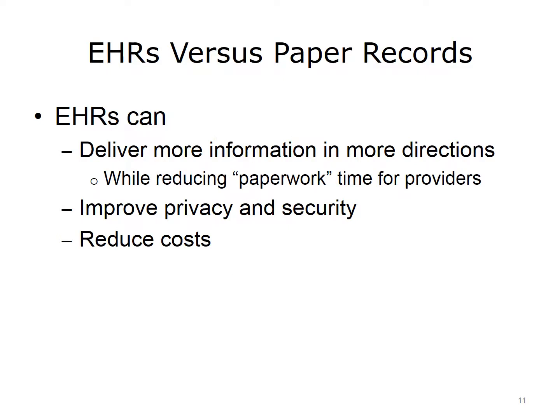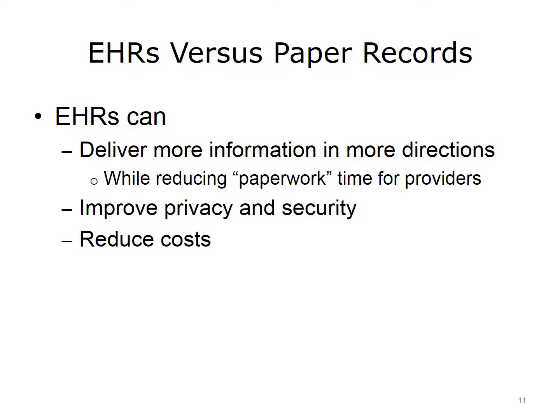The final group of ways in which EHRs can improve care, according to CMS, are: EHRs can deliver more information in more directions while reducing paperwork time for providers. For example, EHRs can be programmed for easy or automatic delivery of information that needs to be shared with public health agencies or quality measurement, saving clinician time.